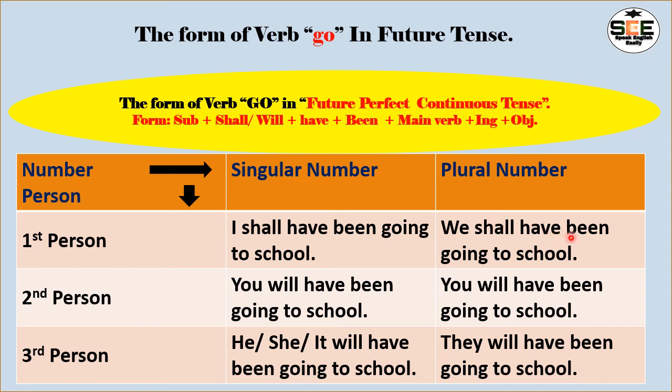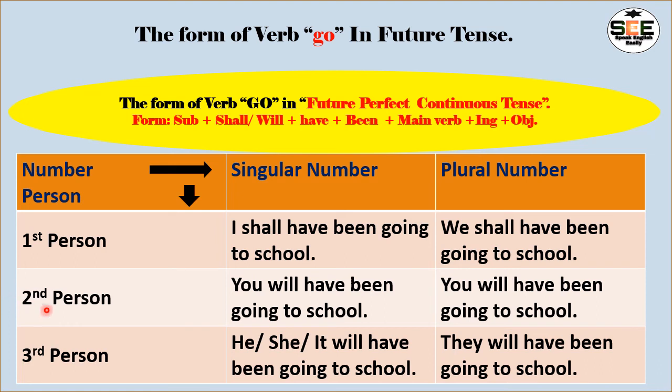Here been is the be verb past participle form, and go is the main verb plus ing as per our rule, and school is the object. That means first person plural number in future perfect continuous tense: we shall have been going to school, right?